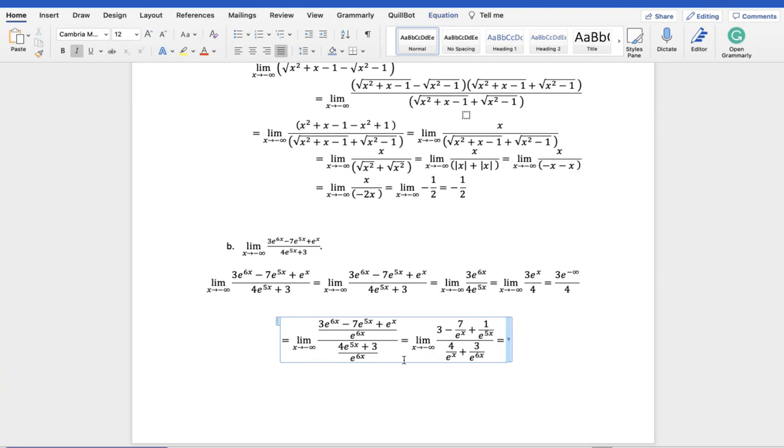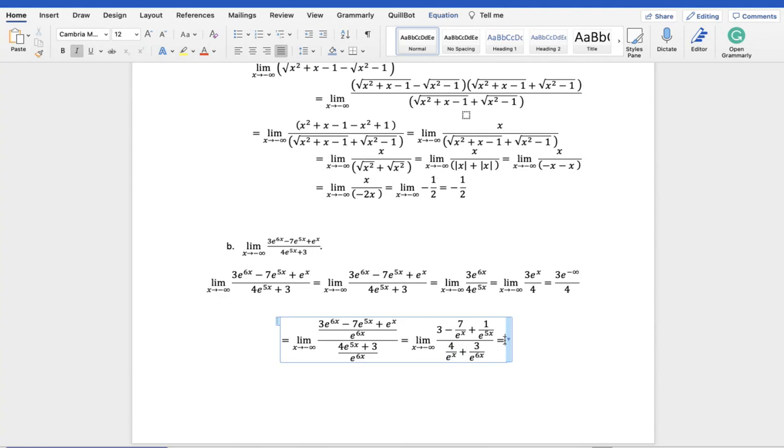In the denominator, you'll have 4 times e to the 5x, divided by e to the 6x, which will give you 4 over e to the x, plus 3 over e to the 6x. So what happens when you substitute the value of x there? Actually, I think it ends up giving you the same answer, so never mind.